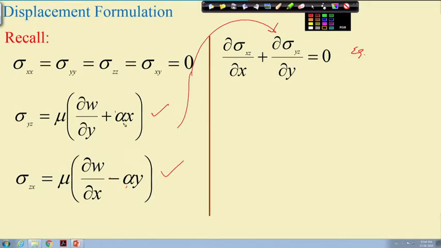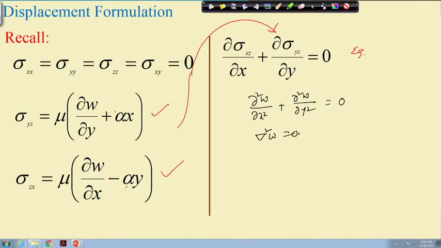So, the final expression becomes del 2 w by del x2 plus del 2 w by del y2 equal to 0. This is the Laplace equation, del 2 w equal to 0. So, if you write torsion in terms of displacement, the governing equation becomes the Laplace equation.